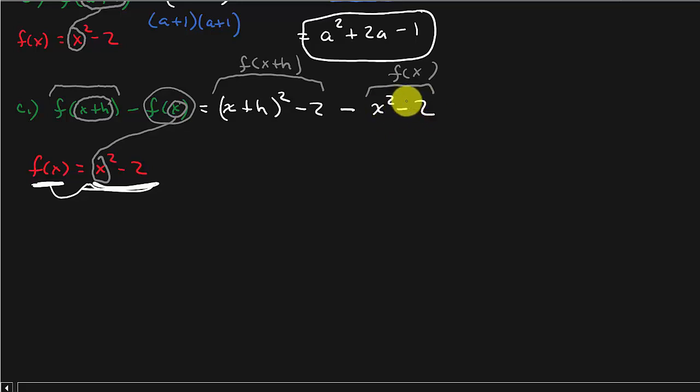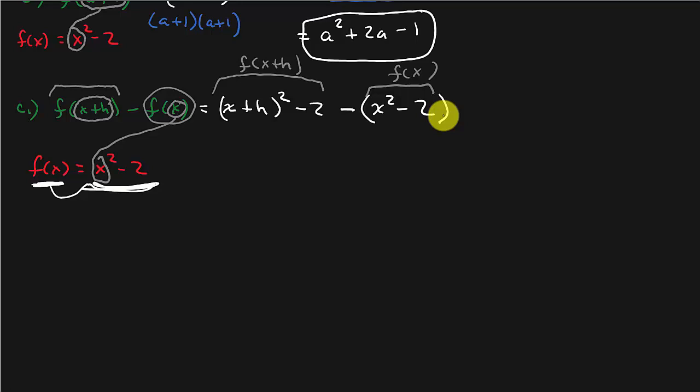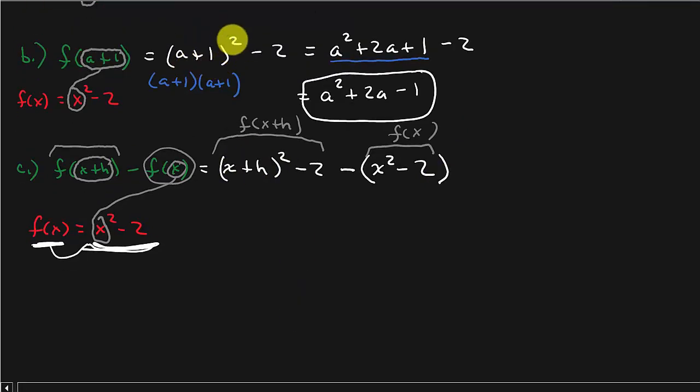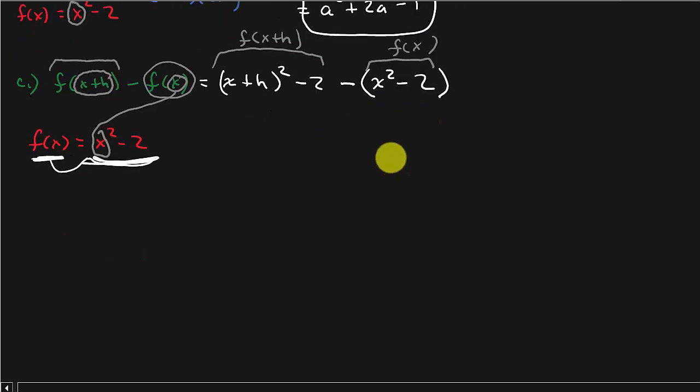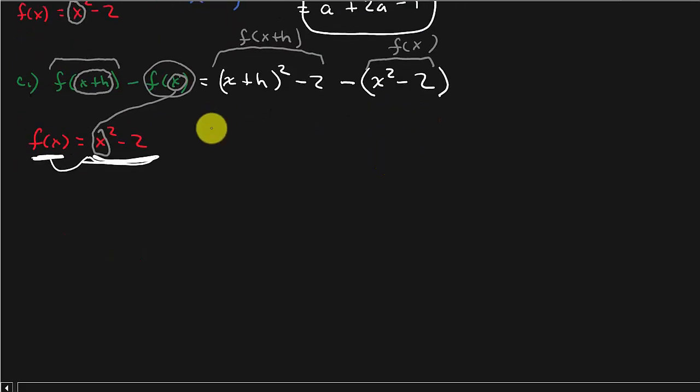See, this whole thing is f of x, so this has to be in parentheses. Do not forget the parentheses. So now, let's FOIL this out, just like we did the a plus 1 squared up here. And distribute this, clear the parentheses, and combine like terms because they want us to simplify it.